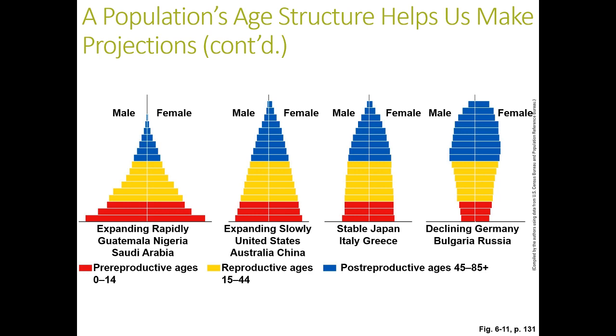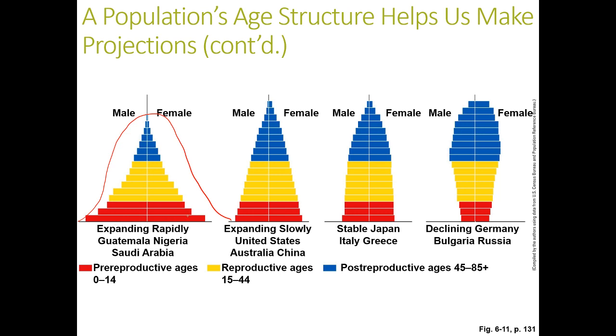So these are 4 examples. A population that is expanding rapidly typically looks like an uncontrolled parabola. I guess this would be a parabola like this, right? Where we have a lot of young and very few old.